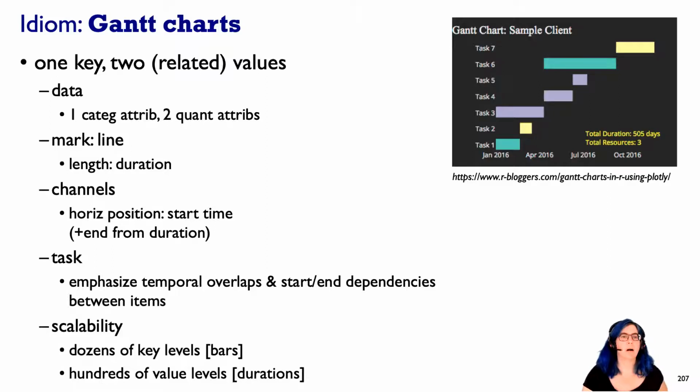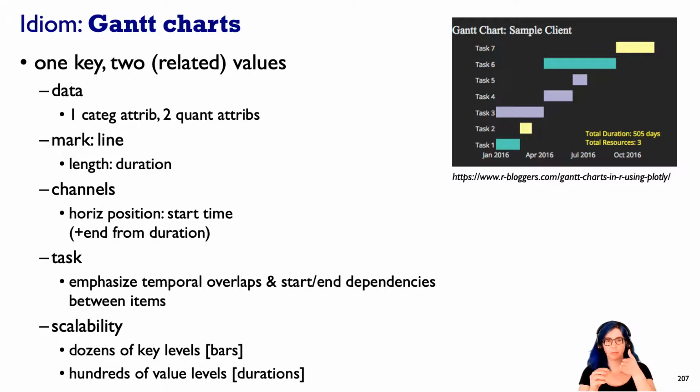Another idiom, with Gantt charts, we've got a situation where we've got one key and two related values. So we've got a categorical attribute and then two quantitative attributes. Think of this as a variation on a bar chart where we're using the length to mean one thing, in this case, the duration of a particular task. And then we're using horizontal position in two ways.